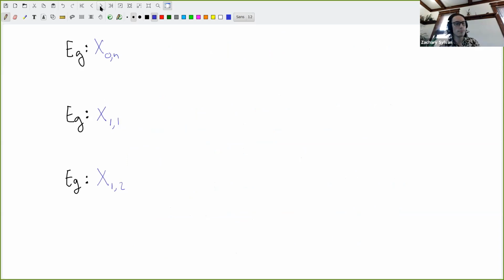So before I talk about how we're going to do that, let's just see what kind of spaces these are. So X_{0,n}, well, this is x_0 equals 1 plus y_1 plus up to y_n.